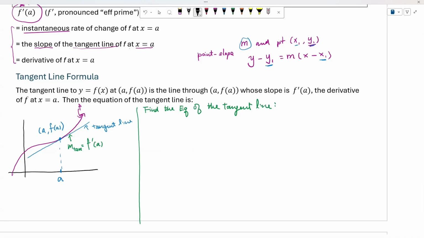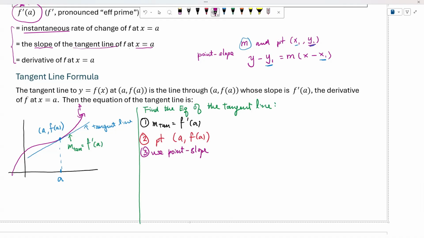First, we need to know the slope of the tangent, which in this case is f prime of a. Second, we need to know the point, which in this case will be a, f of a. And then number 3, we are going to use the point-slope form, which is y minus y sub 1 equal to m times x minus x sub 1.